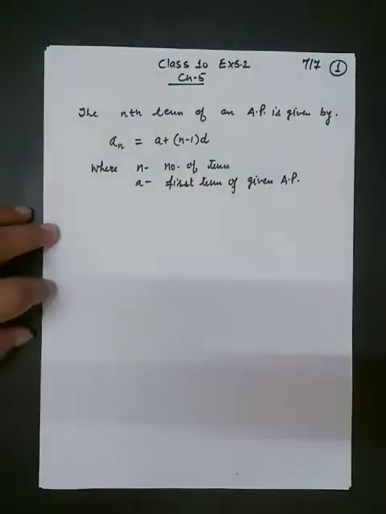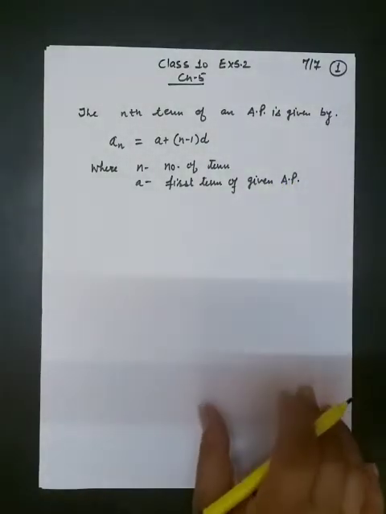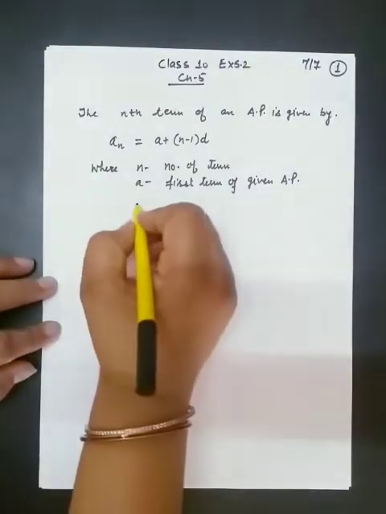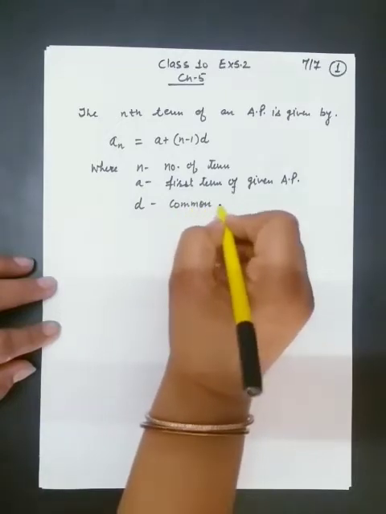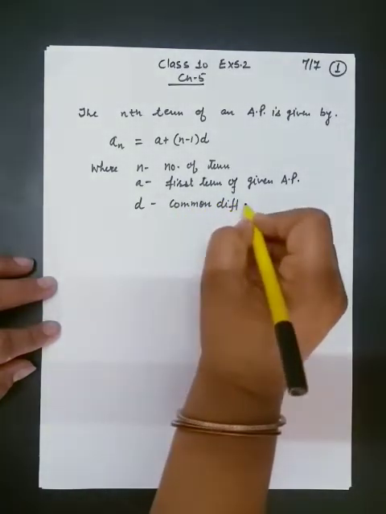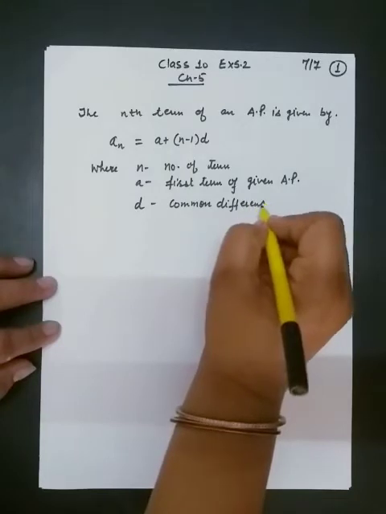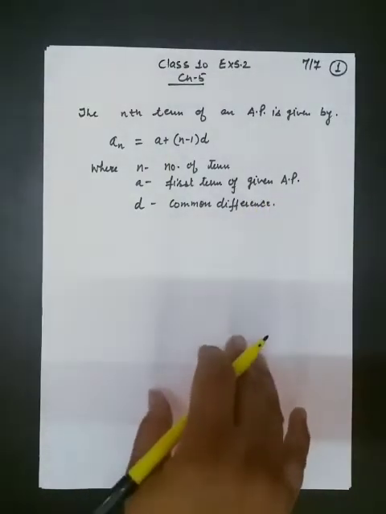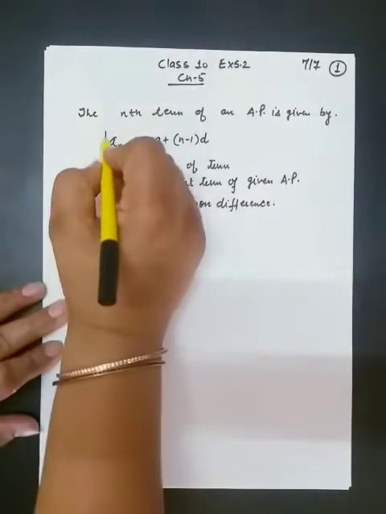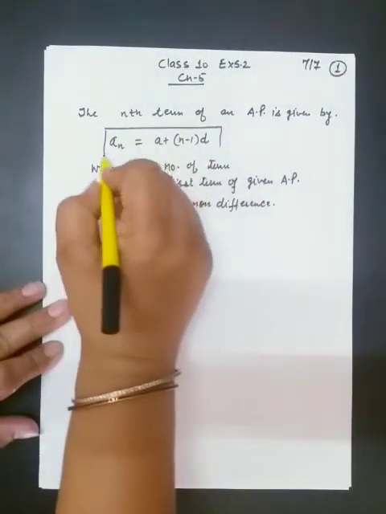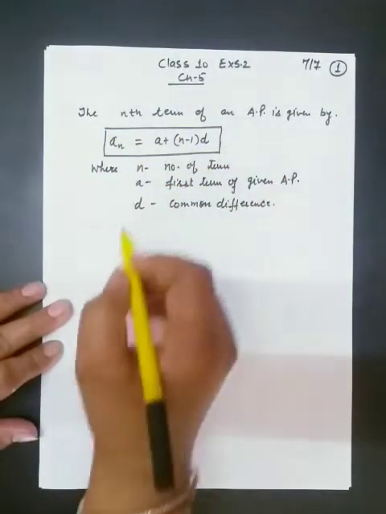In short form, arithmetic progression is known as AP and d is common difference. In our previous exercise, we have already studied all these terms. Now we have to use this formula to do the questions of exercise 5.2.